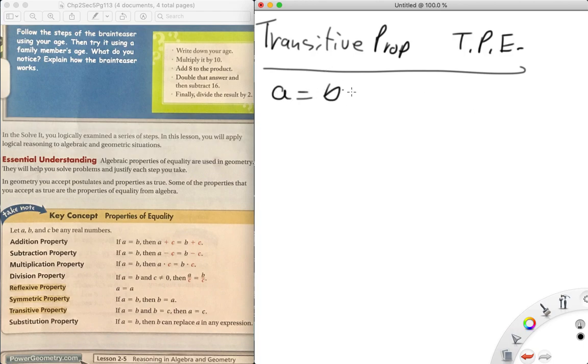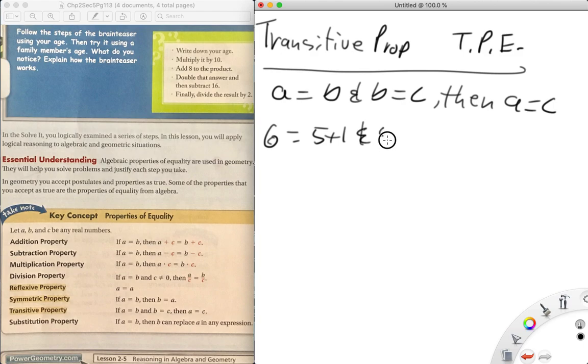If A equals B and B equals C, then A equals C. So numerically, we can go with the 6 again. 6 equals 5 plus 1, and 5 plus 1 equals 3 plus 3. Then I can say 6 equals 3 plus 3. Right? If A equals B equals C, then A equals C. Transitive property of equality, TPE. We will be seeing this quite a bit in our proofs.